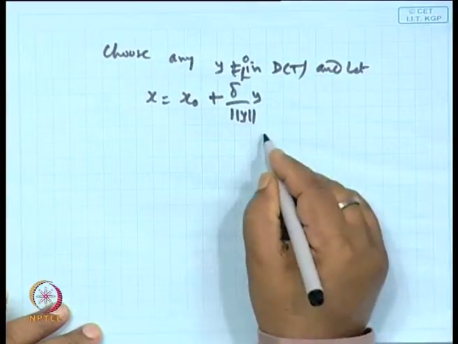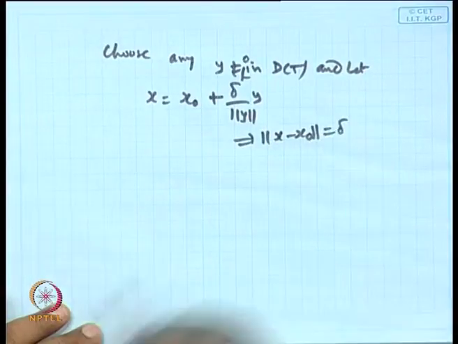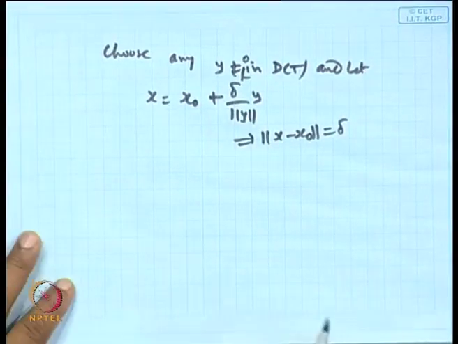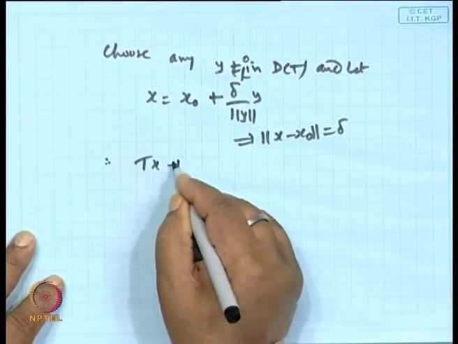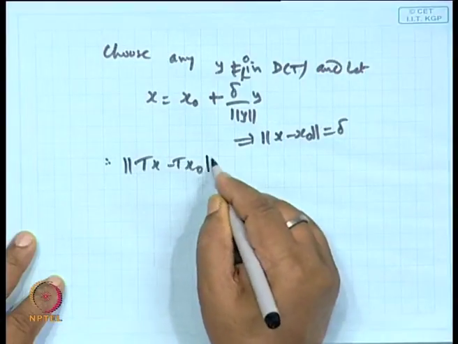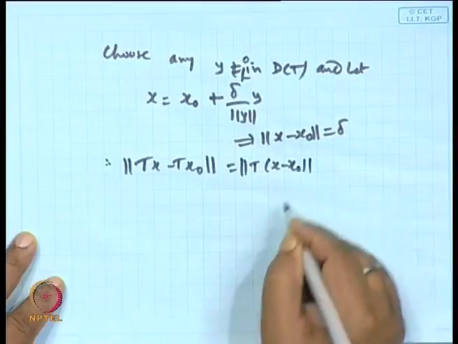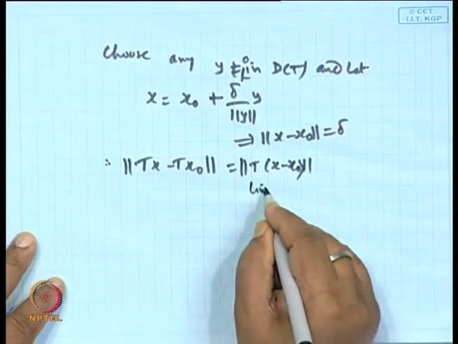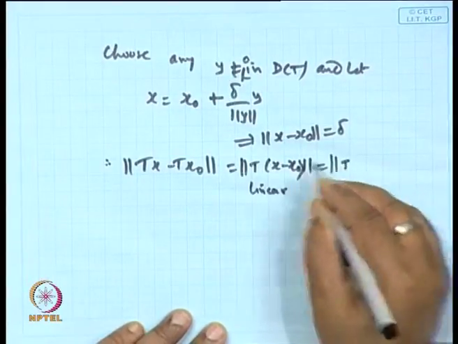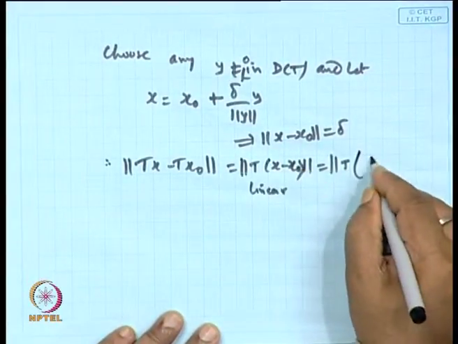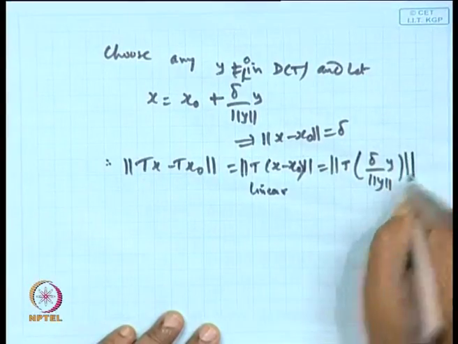Now, from here obviously norm of x minus x naught is delta. Okay. So, by definition of continuity, therefore, norm of T x minus T x naught is equal to norm of T of x minus x naught, because T is linear. Okay. Then this will be equal to norm of T of delta over norm y into y. Okay.